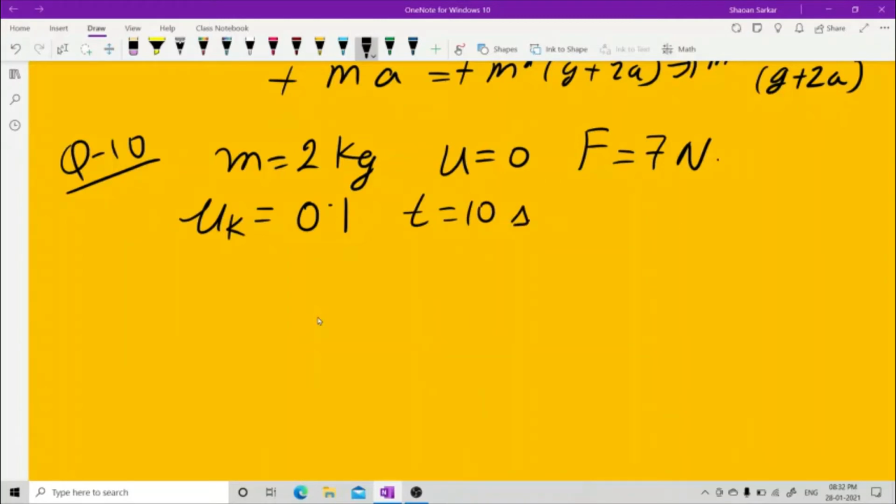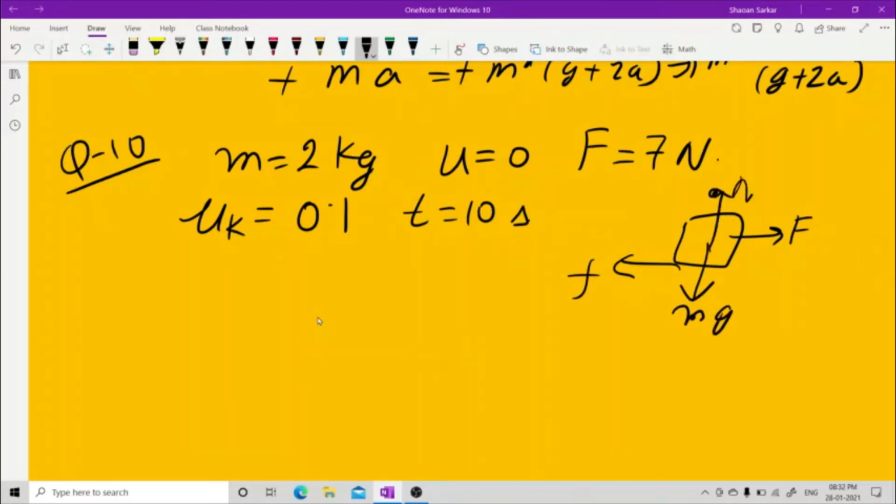Now you know always when a body is here, a force is acting on the body. There is a friction on the table and there is a mass mg, and this is the normal reaction. Don't confuse the symbols; you may write N or R, whatever you feel like.